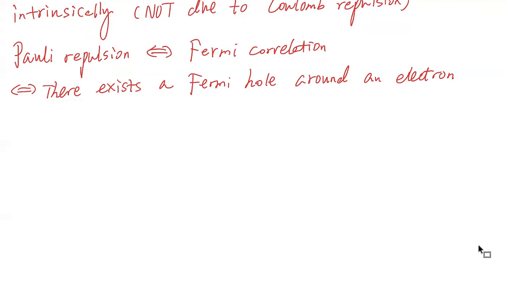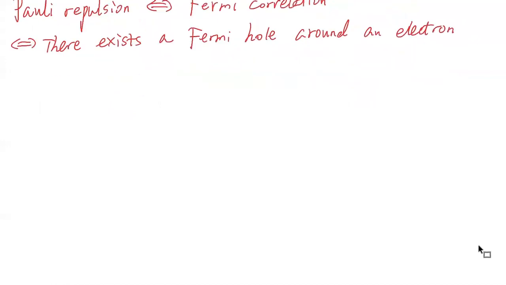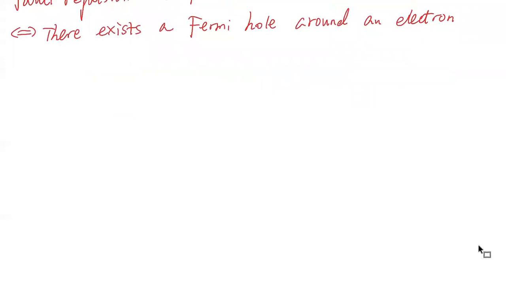Intrinsically, they are avoiding each other, okay? So if you draw a picture, you have one alpha electron, you have another alpha electron, or you have a beta electron, you have another beta electron, you have a pair of parallel spin electrons.